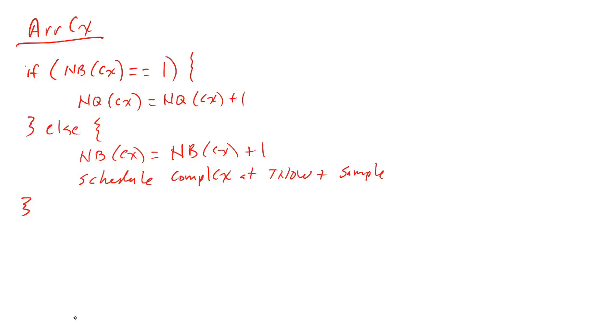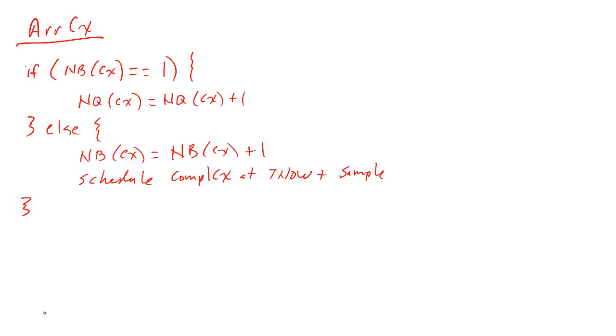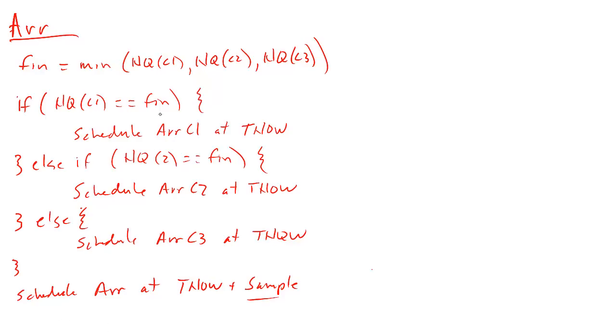Now, I mentioned before that we didn't actually have to have these arrival CX events, and so let's talk about that just a little bit. If we go back to our arrival event, we can see that we scheduled arrival C1, C2, C3 at the current simulation time. So we only scheduled those at the current time. There's no other way that we can schedule this arrival CX event. What that tells me is I don't actually need to have these events defined. Instead, what I could have done was embed the logic right here.